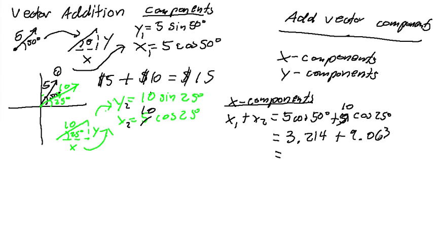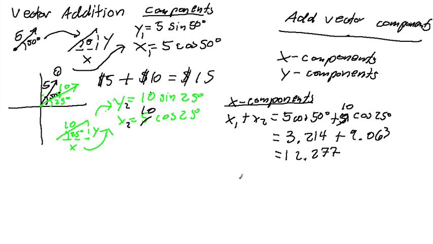Now if you add them, that gives you 12.277, which I'm going to leave. That's your new x component of the total vector.